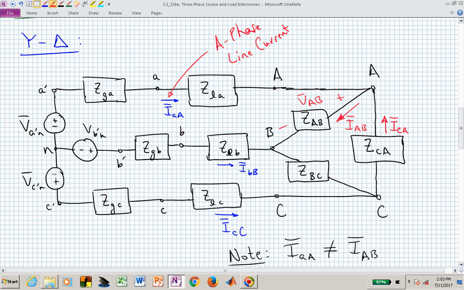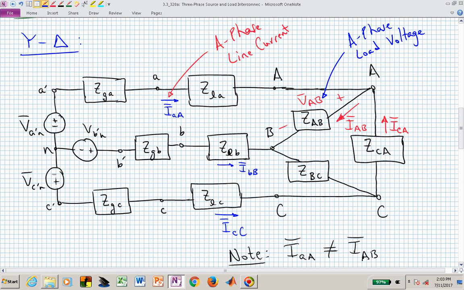Well, now we want to find the A phase load voltage. That's now going to be across the impedance of our A phase, and now it's in a delta configuration. This particular voltage, V sub capital AB, is the A phase load voltage.